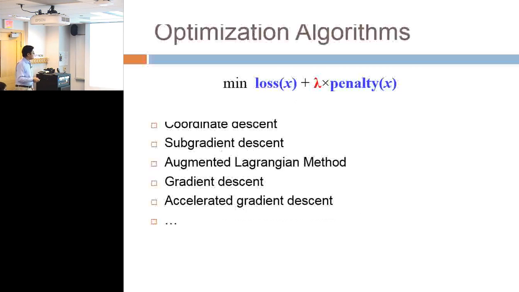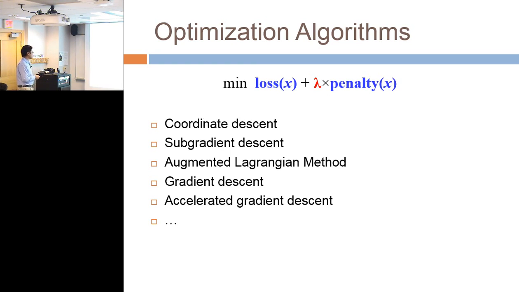Okay, so why has Lasso become so popular nowadays? The reason is that about 10 years ago, we had a breakthrough in optimization techniques. We have developed many efficient algorithms to solve non-smooth, non-differentiable objective functions.